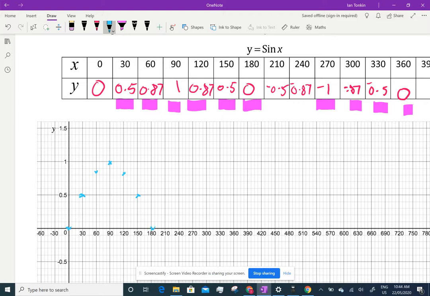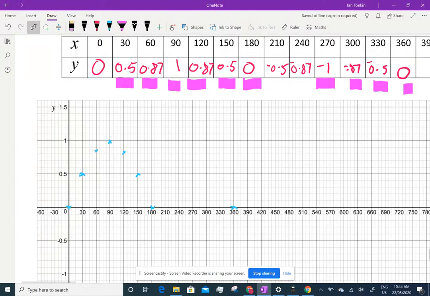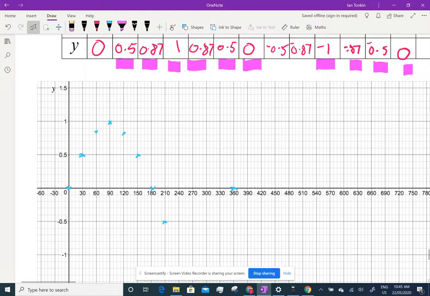What were the other zeros? Oh, 360. And 210, it's negative 0.5, negative 0.87 for 240, and negative 1, there.